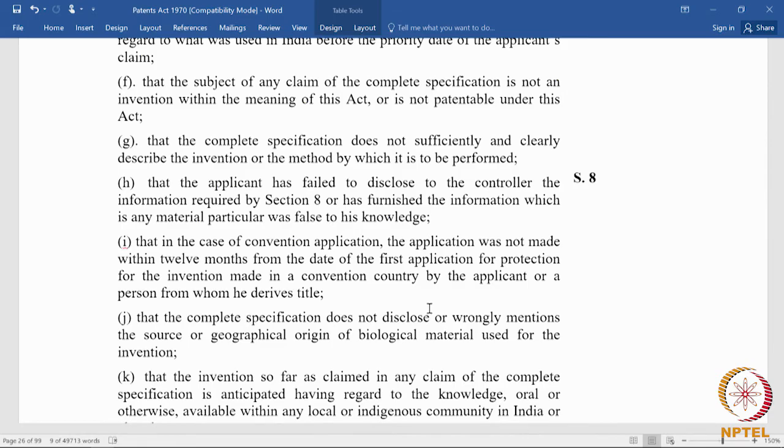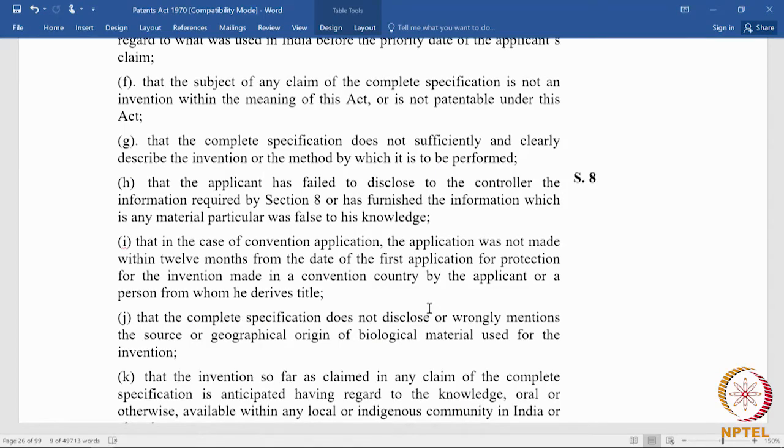But it is open to say that what is not an invention could also mean what does not fall within the purview of an invention, and you could also raise issues on lack of utility. There is no separate ground here on challenging utility, that the invention is not useful. You could also bring that in, saying that utility or capable of industrial application is a requirement of an invention, and this definition could be used to raise that.